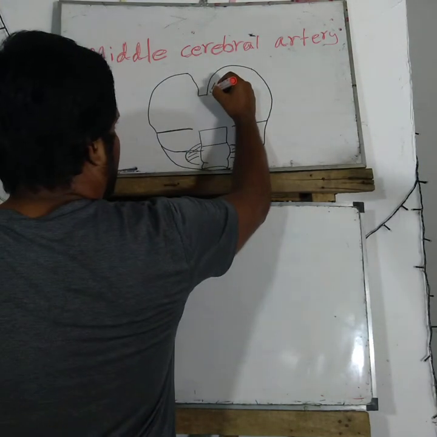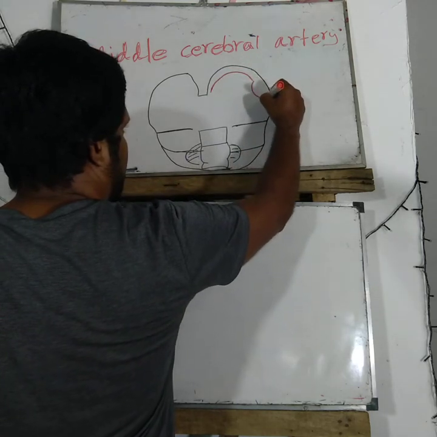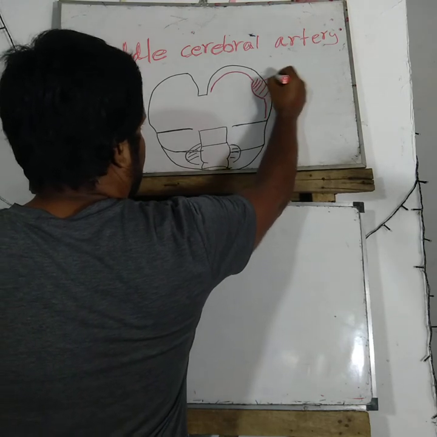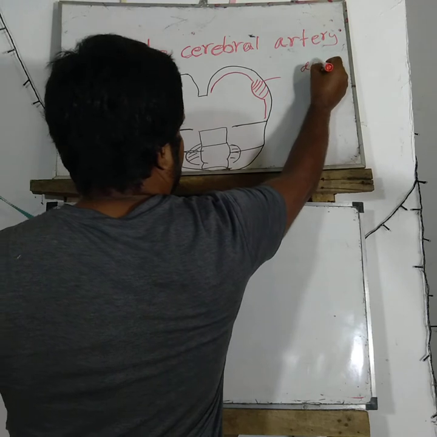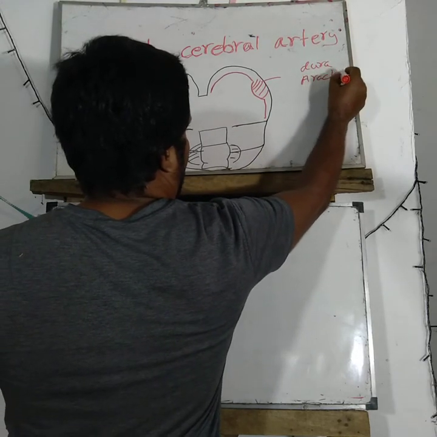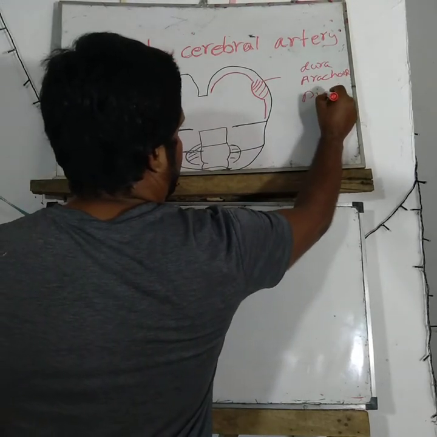Inside the cortex and skull area, this is the hemorrhaging. There are three layers: dura, arachnoid matter, pia matter.